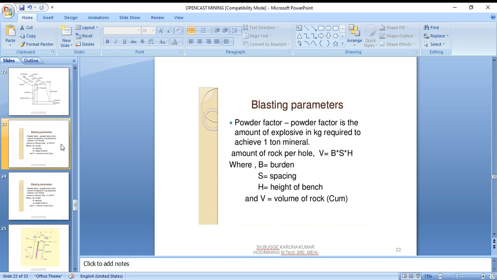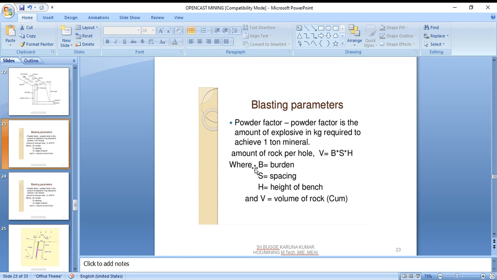Now we come to the blasting parameters. See here, the powder factor is a major influencing factor. What is meant by powder factor? Powder factor is the amount of explosive in kg required to break one ton of mineral. You utilize the explosive for fragmentation of the mineral or rock; it may be ore or overburden.